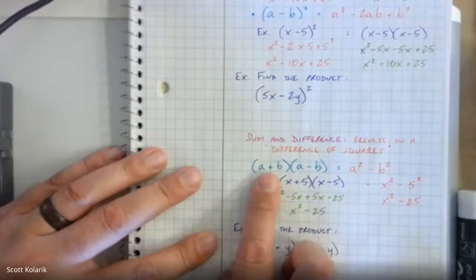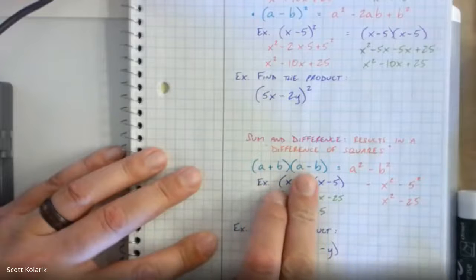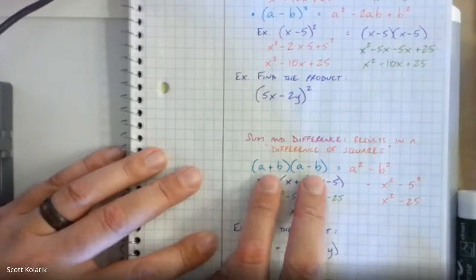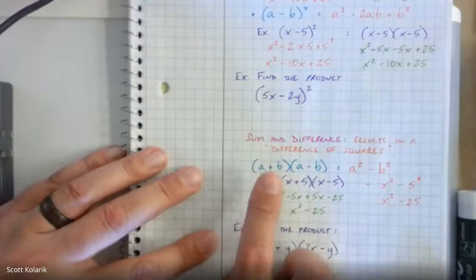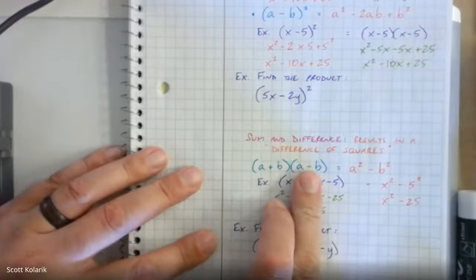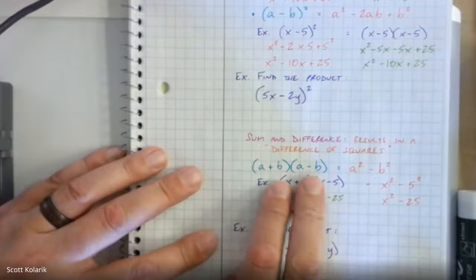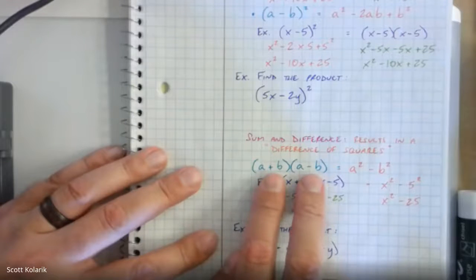One will be addition, one will be subtraction. And it actually doesn't matter which one is which, because again, the order of multiplication does not matter. So it could have been minus and then plus, or in this case, plus and then minus. It doesn't matter. But I'm going to have a sum and a difference being multiplied by each other.